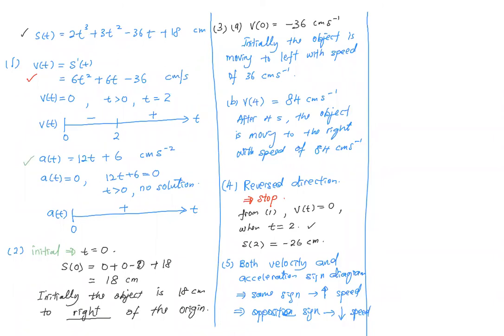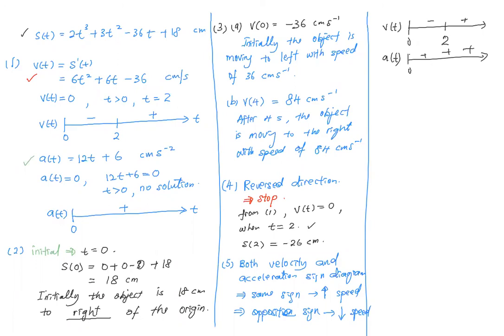Go and imagine why it is like that first by yourself. Okay, so now I have the velocity. So I will draw these two on top of each other. In this case, our a(t) never becomes 0, it's always positive. Find the time when the object's speed is increasing.